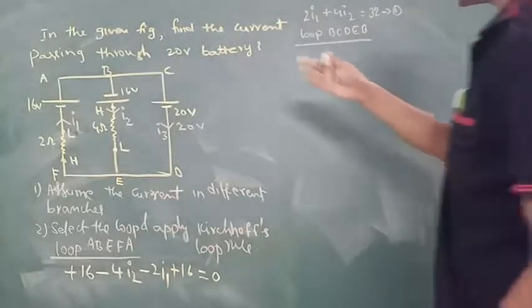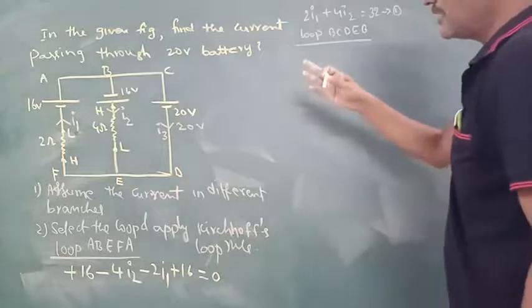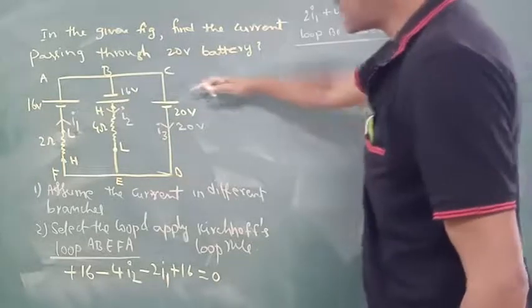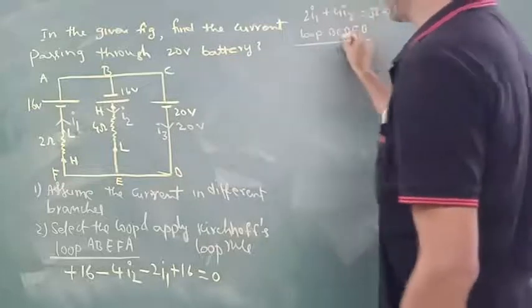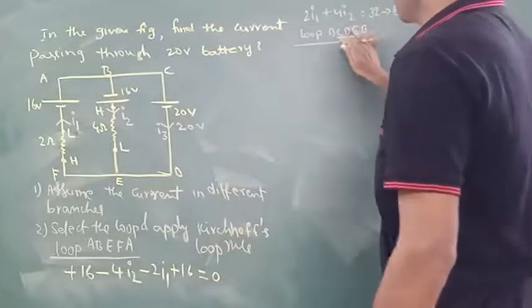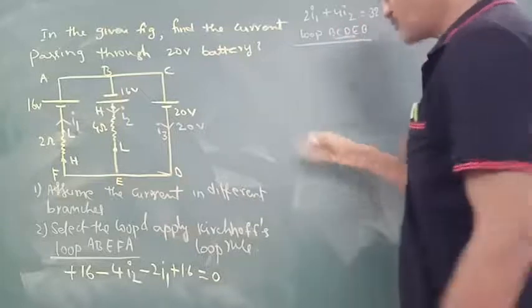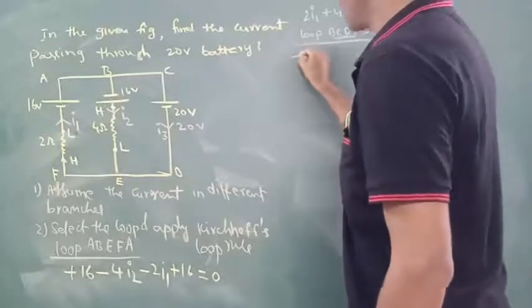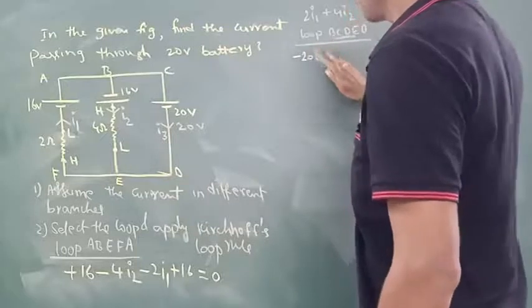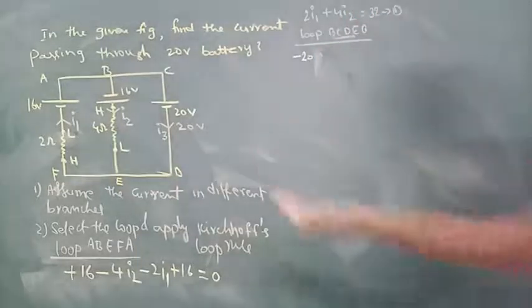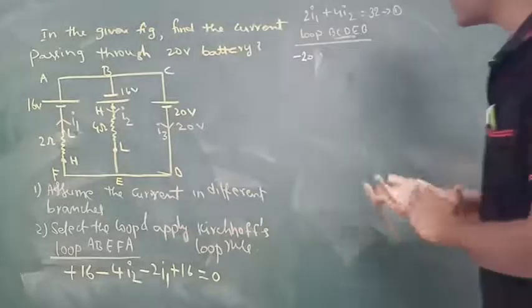And while moving from C to D, he crosses a cell from higher potential to lower potential, because his path is from C to D. So he finds a drop, that is minus 20 volt. Next, between D and E there is no cell and there is no EMF.